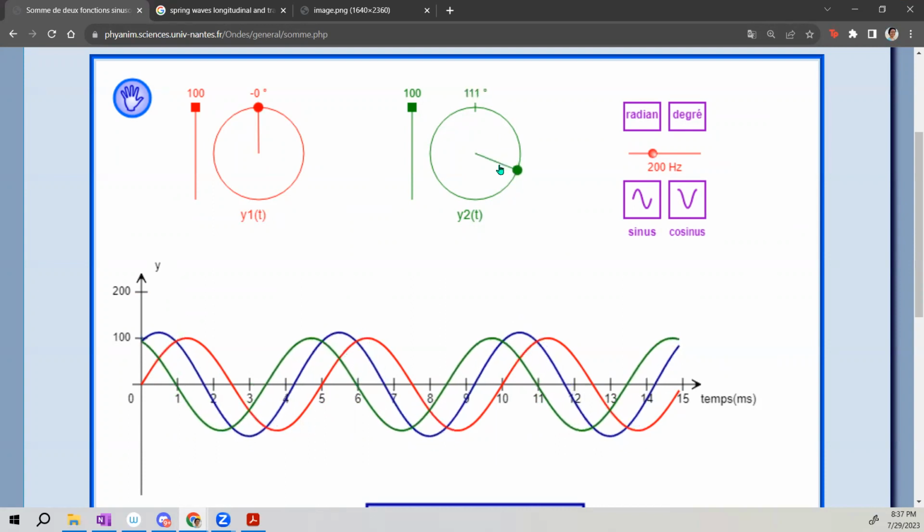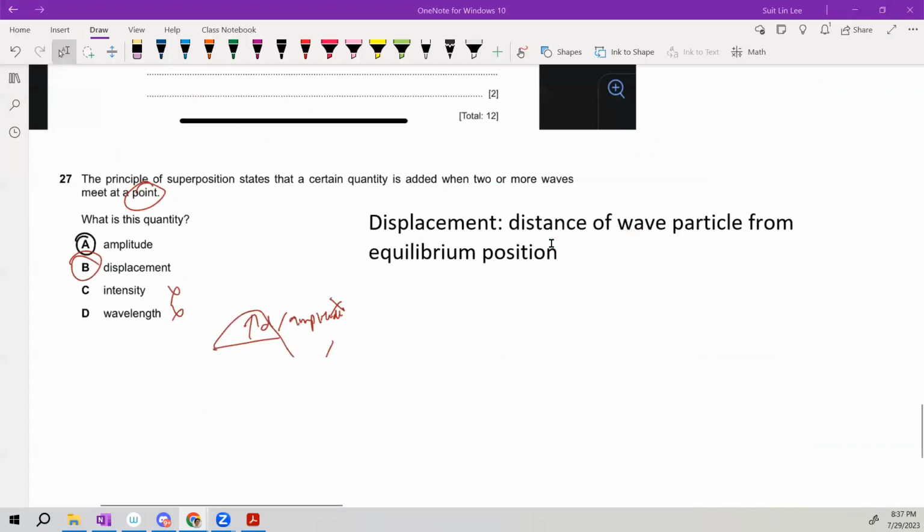Do you know what is amplitude? Amplitude is maximum displacement. So amplitude is only this point where my cursor is, or this point where my cursor is. This point is not amplitude. But we still add the points together, right? So it is displacement.